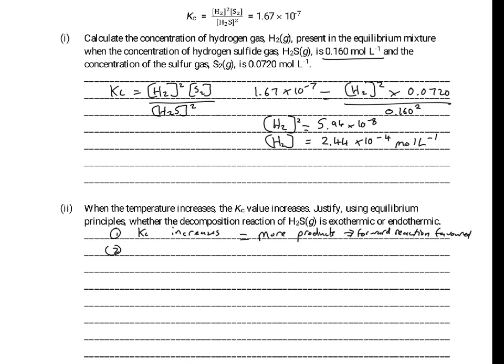So that's your kind of first key idea. Second key idea is that when you heat, the system tries to minimise the change by favouring the endothermic reaction, to cool it down or use up the excess heat.